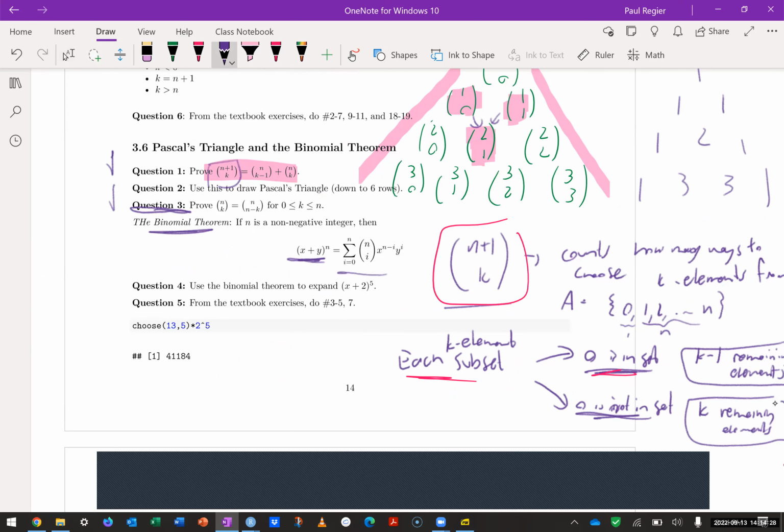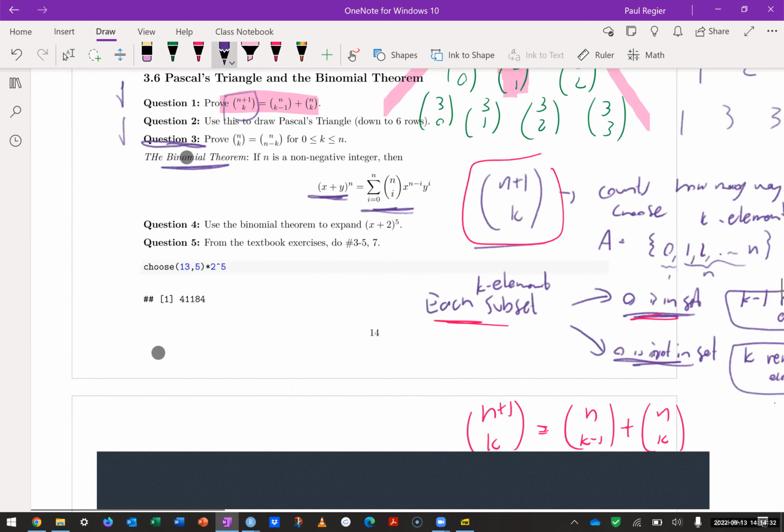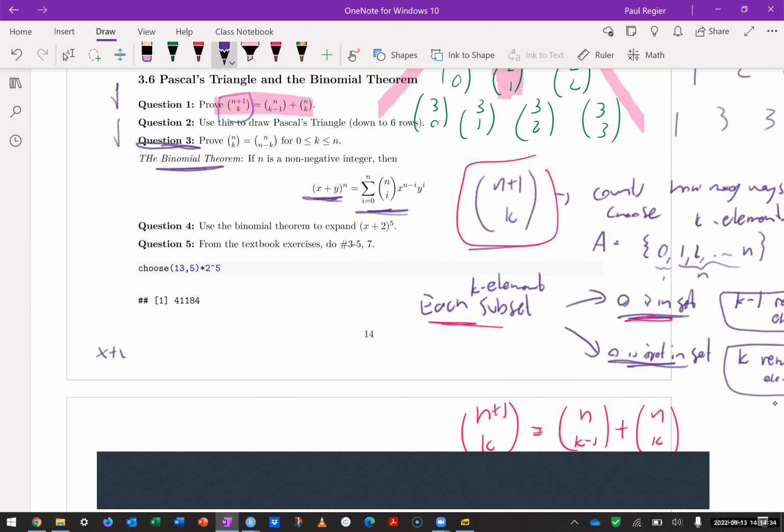You can find out the sum, which means I do n choose 0, x to the n, y to the 0, plus n choose 1, x to the n minus 1, y to the 1, and so on, up to n choose n, x to the 0, y to the n.